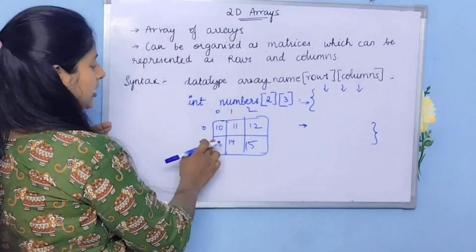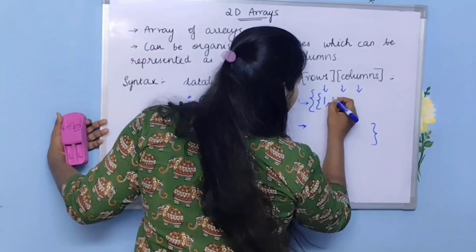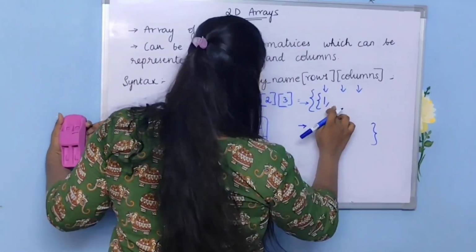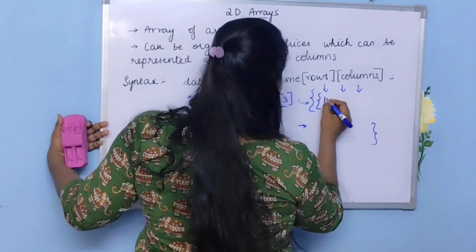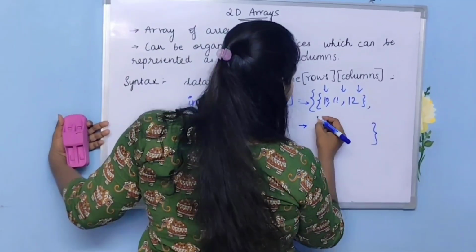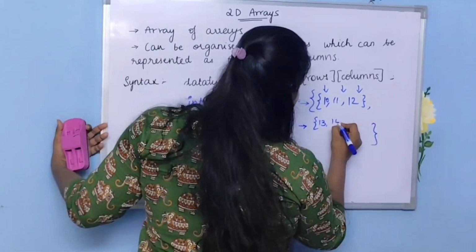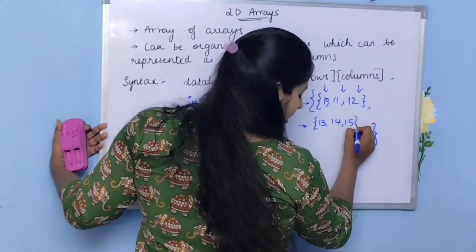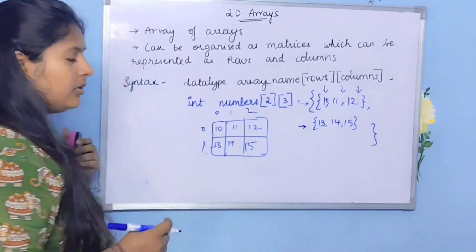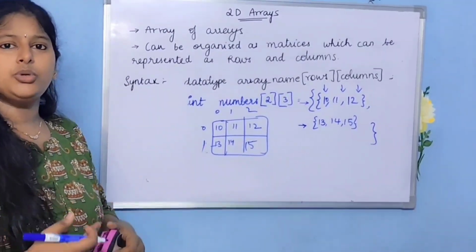In the first row, what elements are there? 10, 11, 12, right? So you will take the first row and write its elements. After that, put a comma and write the second row elements 13, 14, and 15. Okay? This is how you initialize elements into 2D arrays.